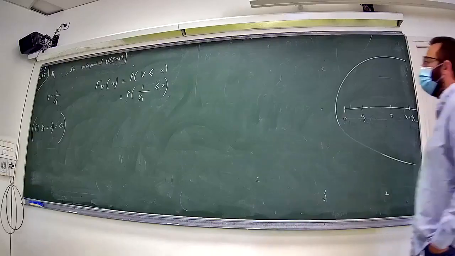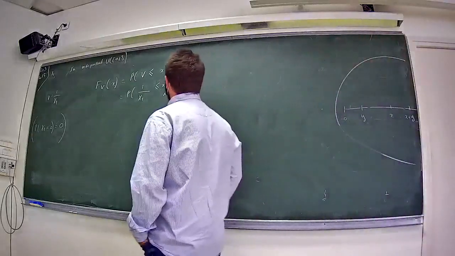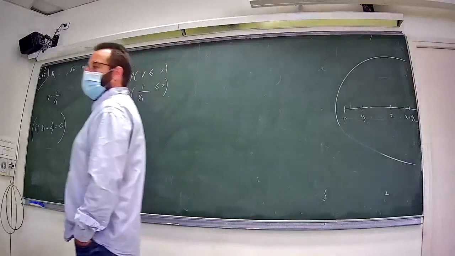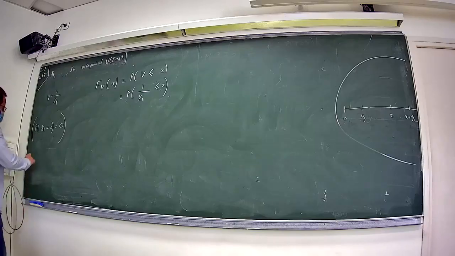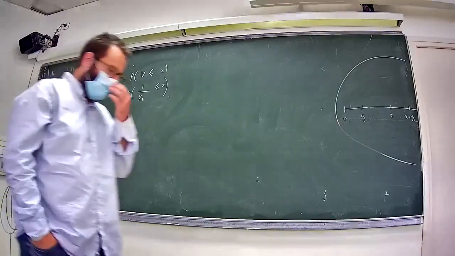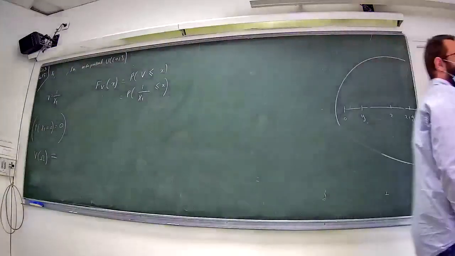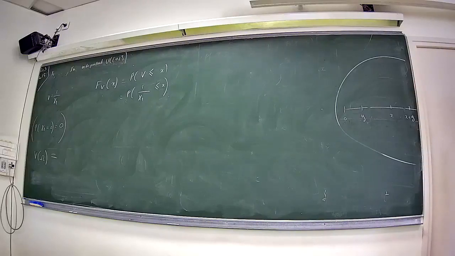As you have understood, we are going to take into account the cases where I am able to say directly that the probability is 0 or 1. What is the set of possible values for V? x1 is uniform on the interval 0, 1, which means it takes values in the interval 0, 1 with probability 1.